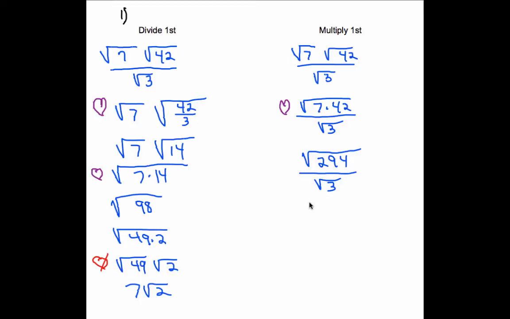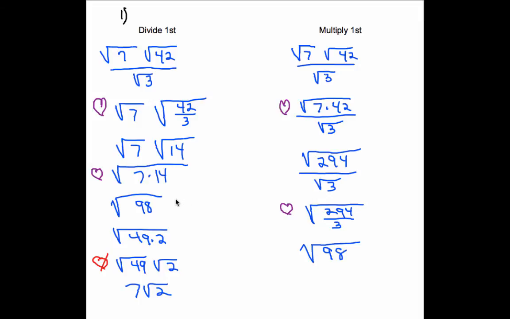Now we'll marry them again, this time by division. And after doing that, we'll have the square root of 294 over 3, which is equal to, once again, you should do the division on the side to make sure you get it right. 294 divided by 3 is 98.